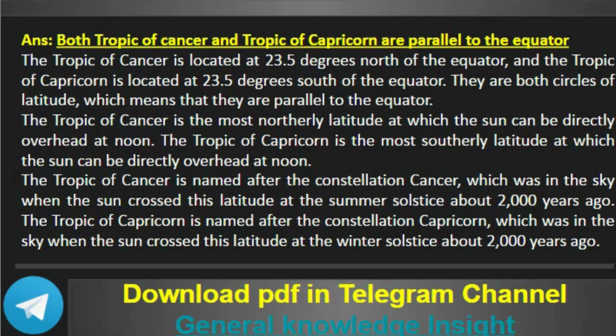The Tropic of Cancer is the most northerly latitude at which the sun can be directly overhead at noon. The Tropic of Capricorn is the most southerly latitude at which the sun can be directly overhead at noon. The Tropic of Cancer is named after the constellation Cancer, which was in the sky when the sun crossed this latitude at the summer solstice about 2000 years ago. And the Tropic of Capricorn is named after the constellation Capricorn, which was in the sky when the sun crossed this latitude at the winter solstice about 2000 years ago.